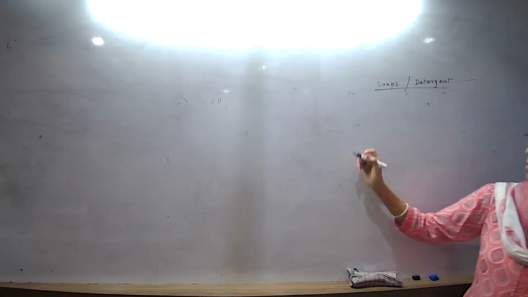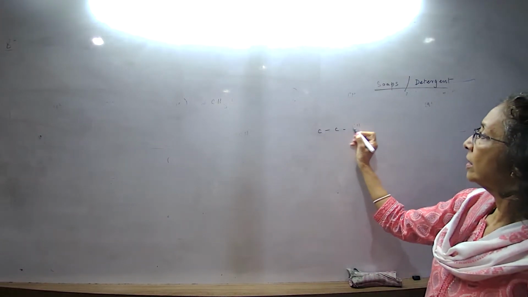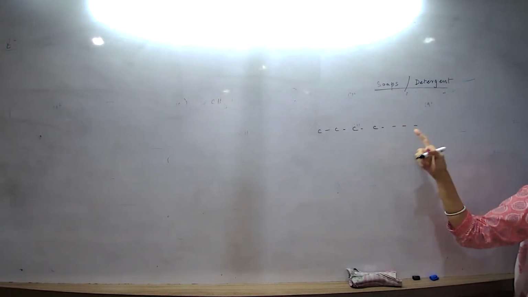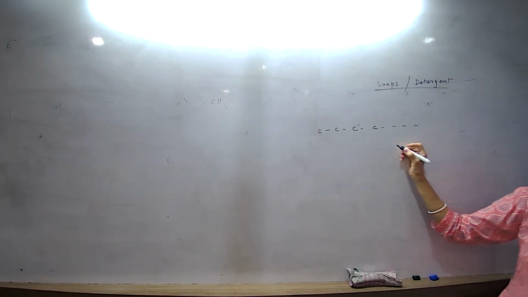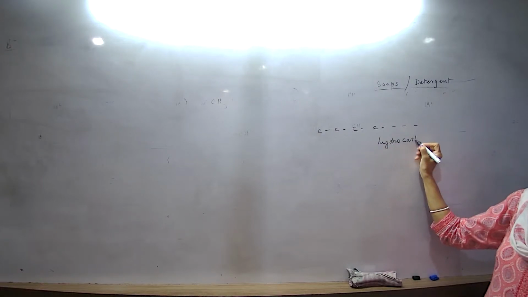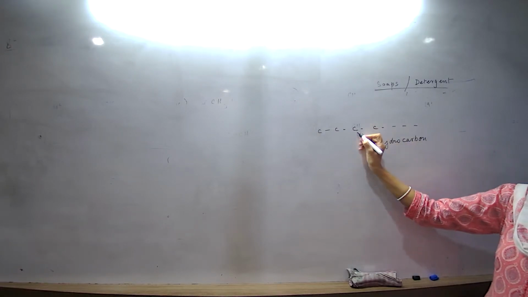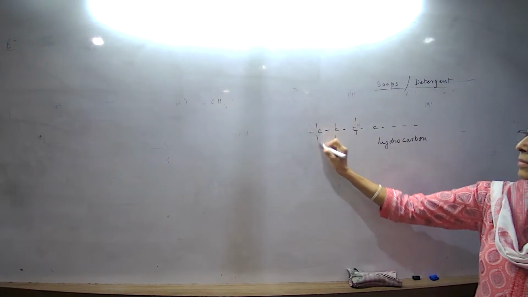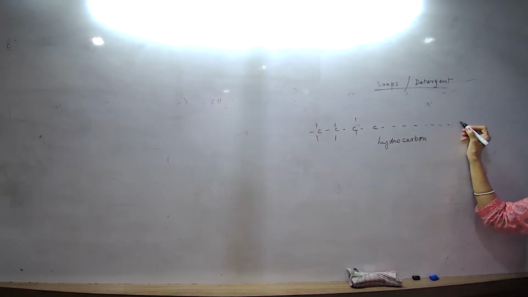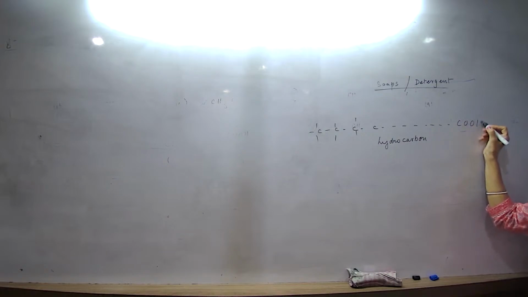So you have a long chain. This is a very long chain. This is a hydrocarbon. Did you understand why we call it a hydrocarbon? Because it contains only hydrogen and carbon here. But at the end what comes? It is COOH.